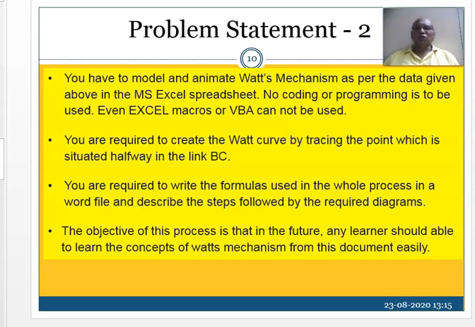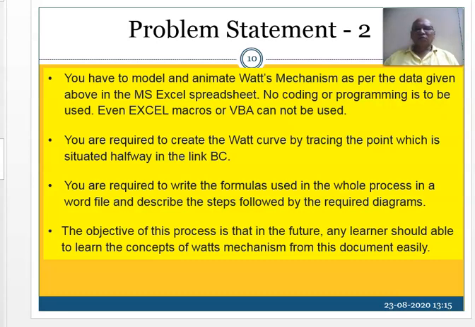You are required to create the Watt curve by tracing the point which is situated halfway in the link BC. You are required to write the formulas used in the whole process in a Word file and describe the steps followed by the required diagram.